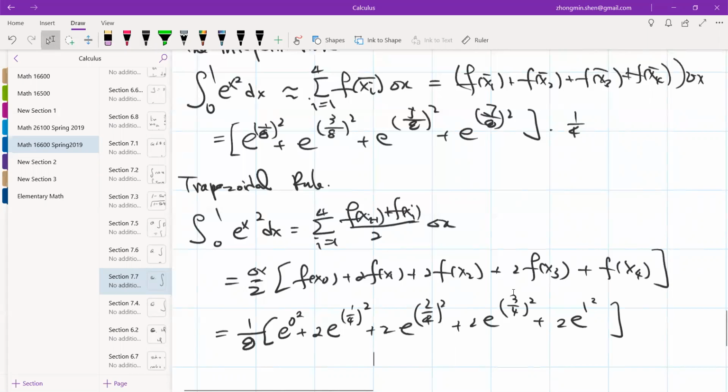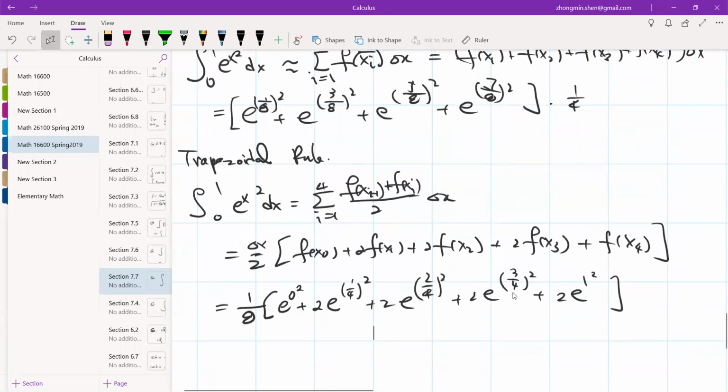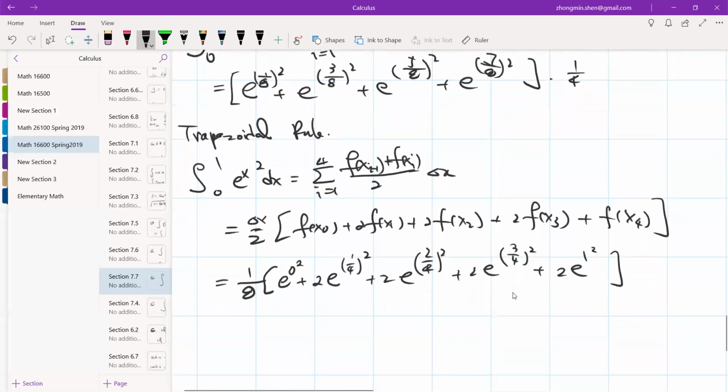That's trapezoid. Trapezoidal. You can estimate each of it. Okay, this is actually the y0, y1, y2, and so on.